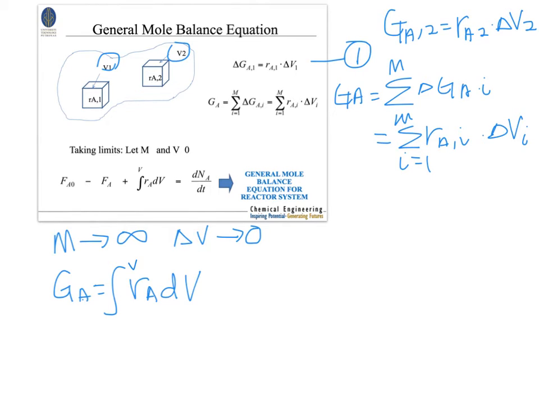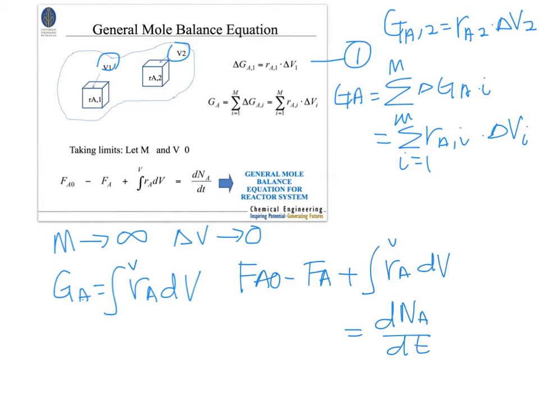So the general mole balance equation can be written as FA naught minus FA plus the integral of RA dV equals dNA over dt. So this is the general mole balance equation for a reactor system.